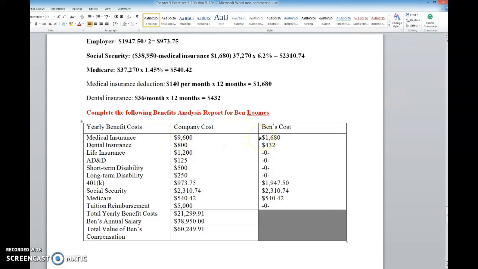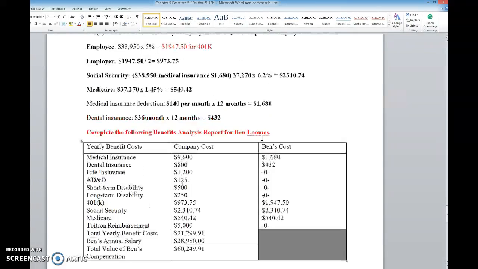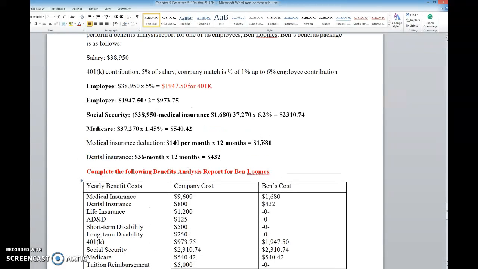In order to figure out Ben's cost for the medical insurance, that is going to be $1,680 because it's $140 per month times 12 months. For dental insurance, it's $36 a month times 12 months. His dental insurance is $432. Life insurance, AD&D, short-term disability, and long-term disability are given to us in the problem.